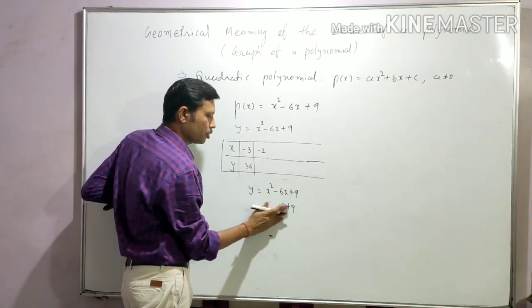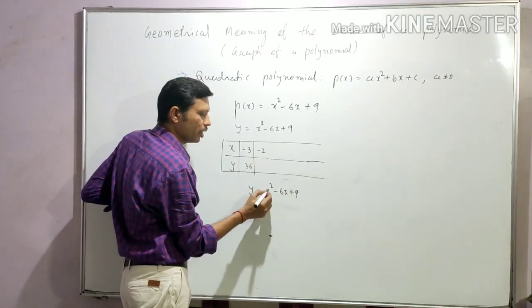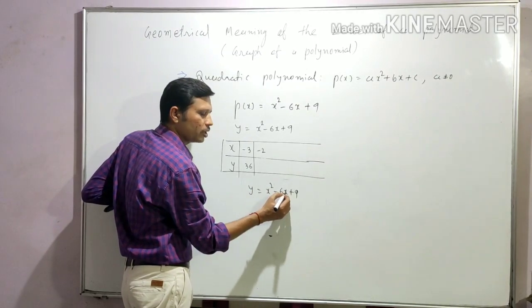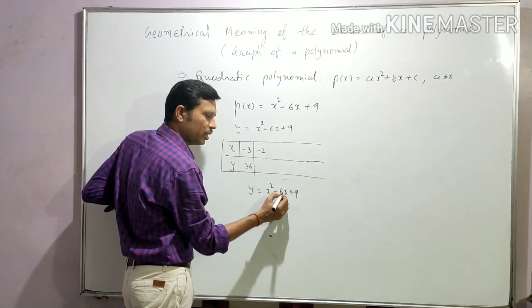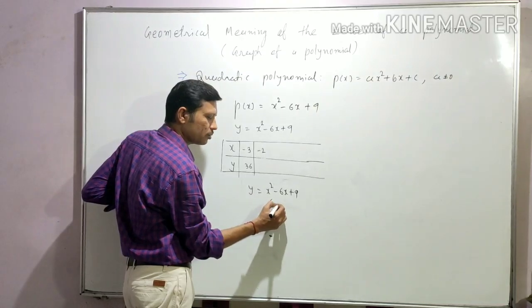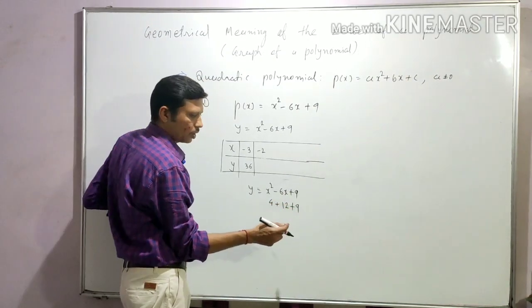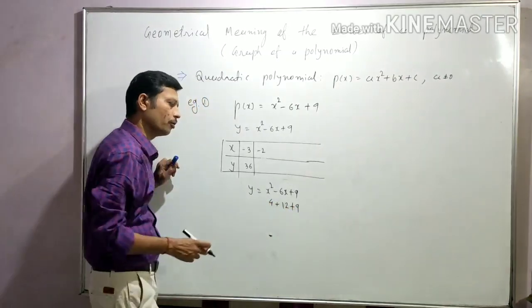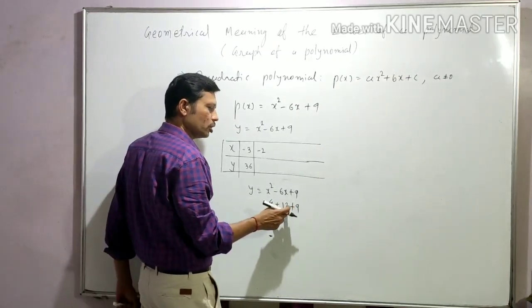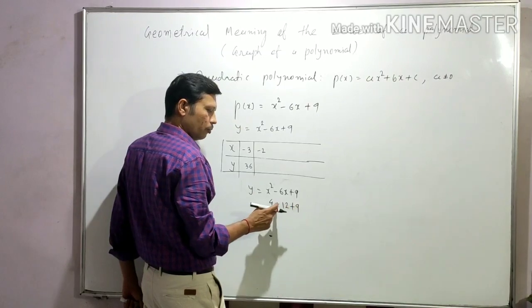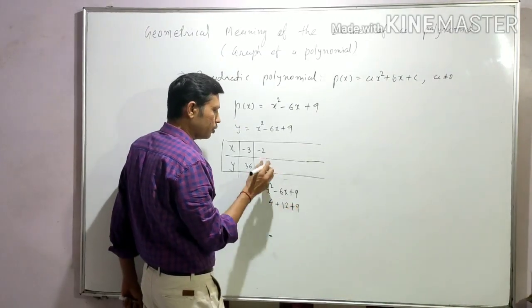Now suppose I take -2 here. What happened? -2 the square, plus 4. Minus 2 multiplied with minus 6, so minus minus plus, and 6 2s are 12, and plus 9. So 12 plus 4 is 16, 16 plus 9 is 25.